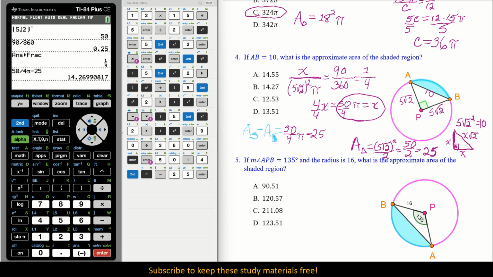Push enter, and the magic number is 14 point, do some rounding, 27. And that's option B.